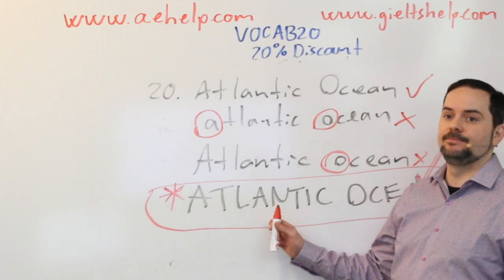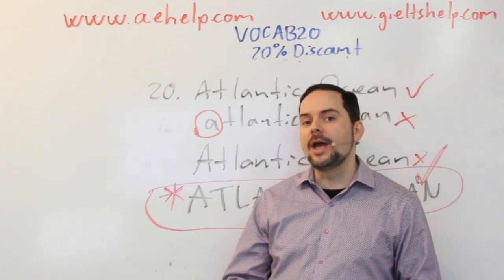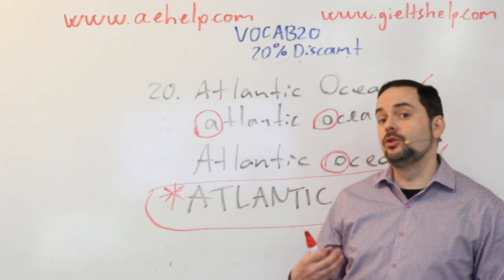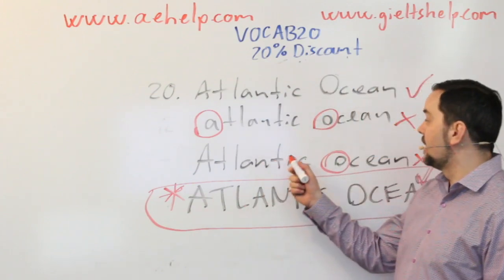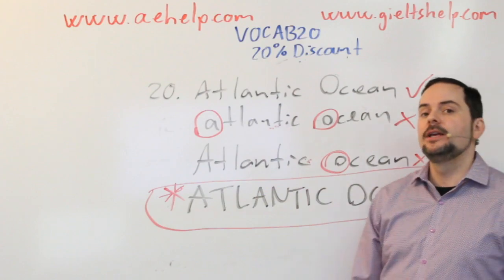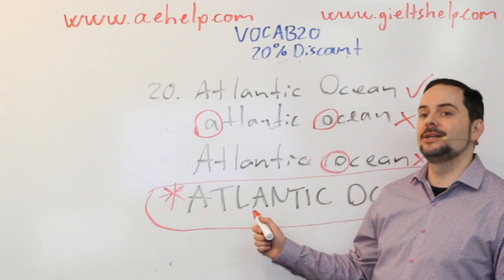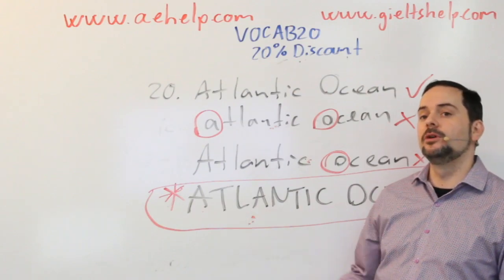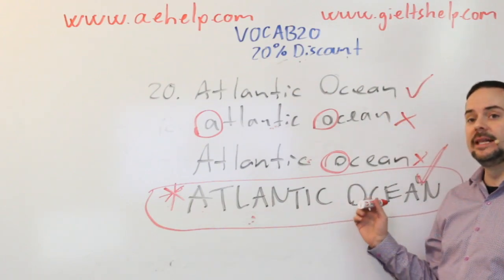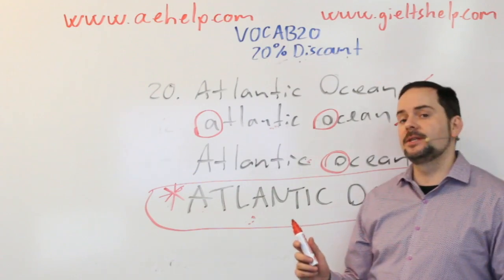So the safest way to make sure that you don't lose silly marks like this is to write all in capitalized letters. Just make sure that your letters are clear and you don't make spelling mistakes.